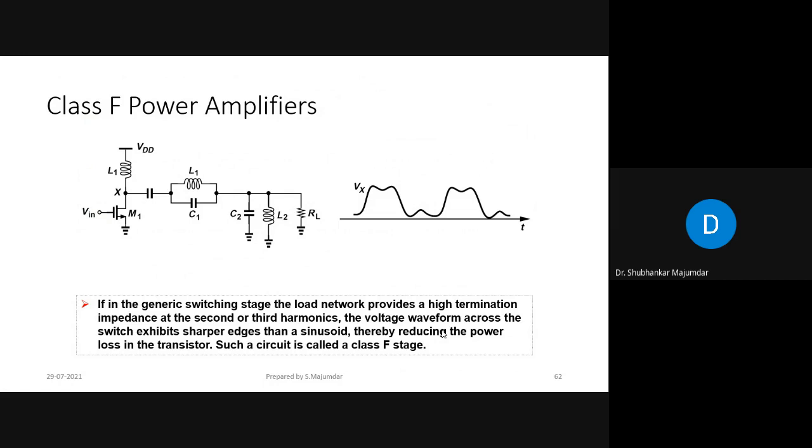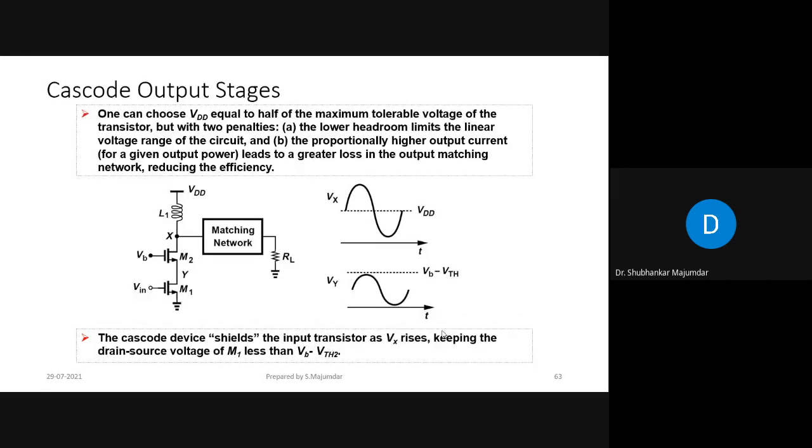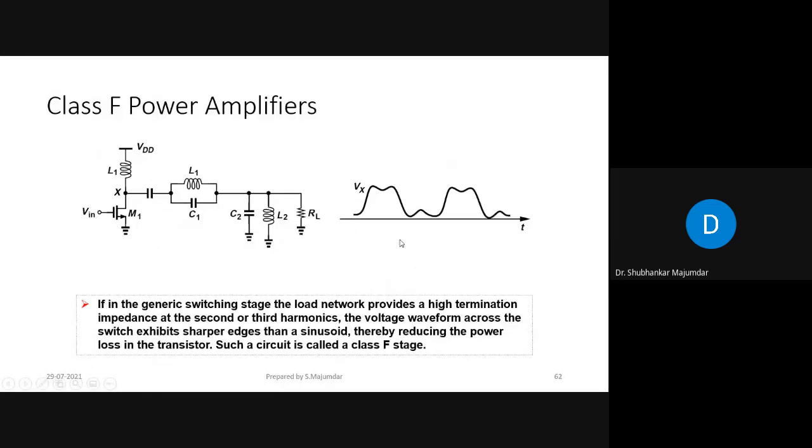The voltage waveform across the switch exhibits sharper edges than the sinusoidal, thereby reducing the power losses in the transistor. The basic concept is to give a high termination impedance for the harmonics, meaning the second and third harmonics. So we are not getting a simple sinusoidal, we are getting this type of waveform.